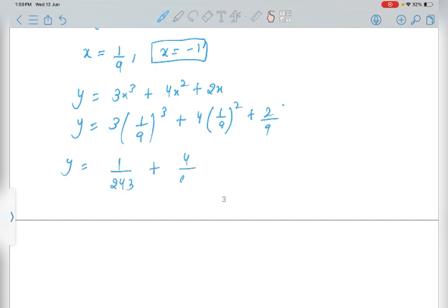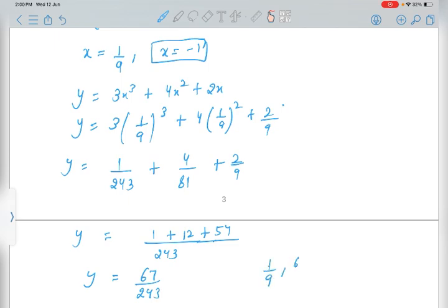Then 4 upon 81 plus 2 upon 9. LCM will be 243: 1, 12, 9 times 2 is 18, 27, 54. Okay, 54 plus 12, 66, 67. So y coordinate is 67 upon 243. So the answer will be 1 upon 9 comma 67 upon 243. So this is the coordinate.